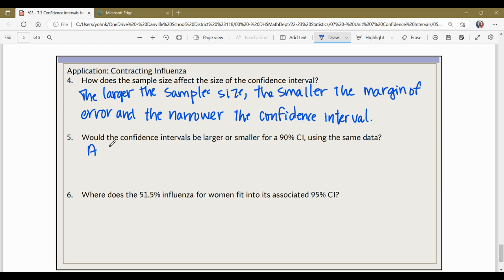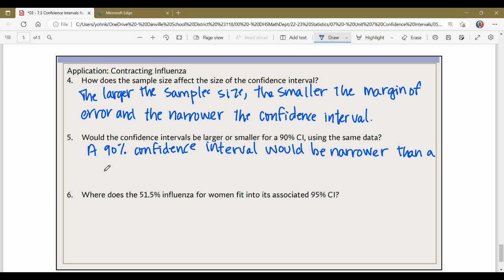So a 90% confidence interval would be narrower than when we're using a 95% confidence interval. If your confidence level decreases, then your confidence interval width decreases.